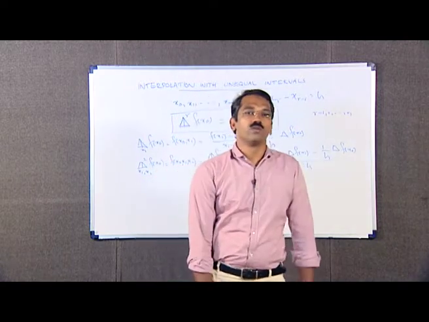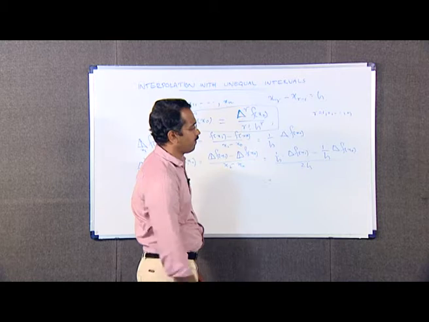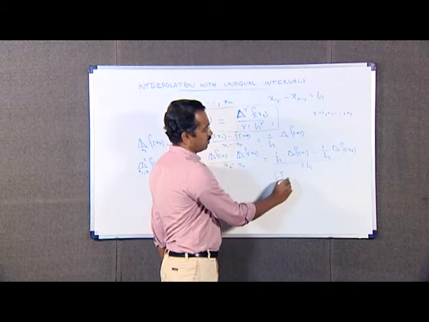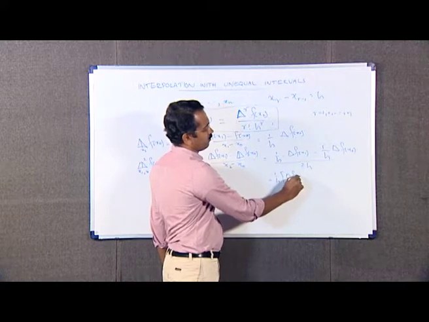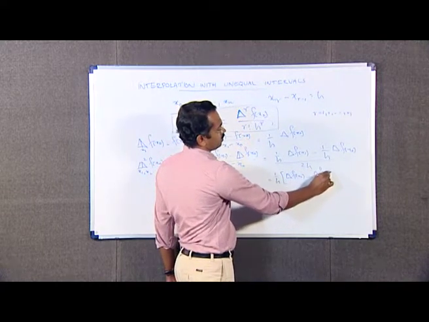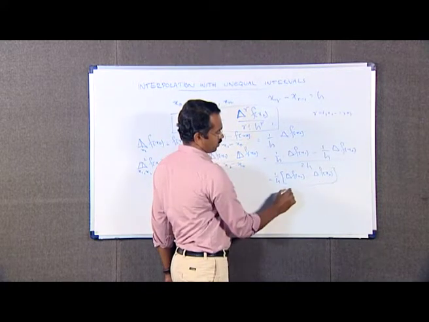Here 1 by h is common, so we get 1 by h into delta f of x1 minus delta f of x0 divided by 2h.